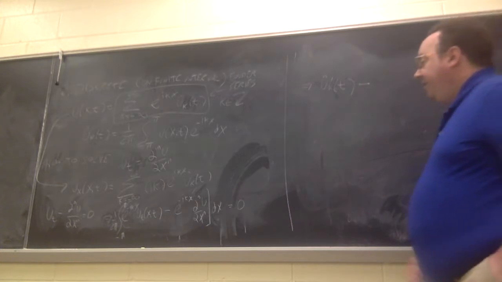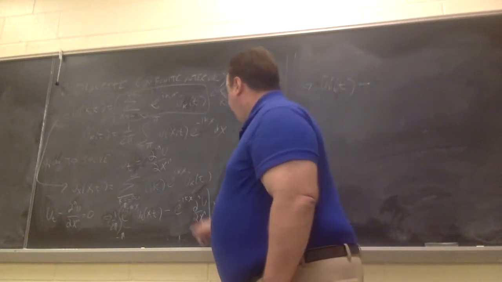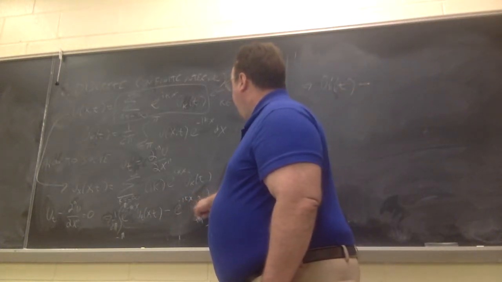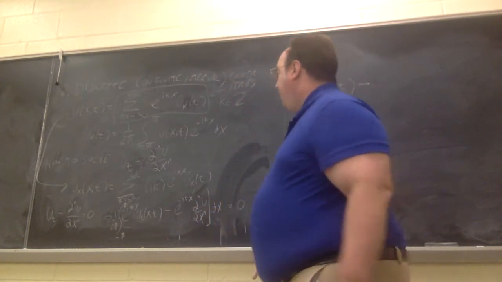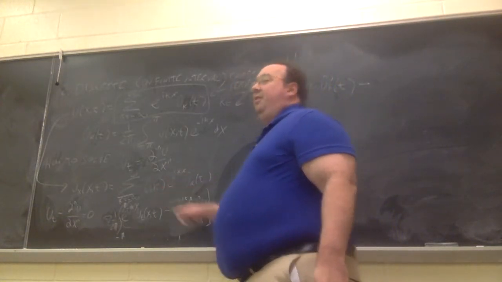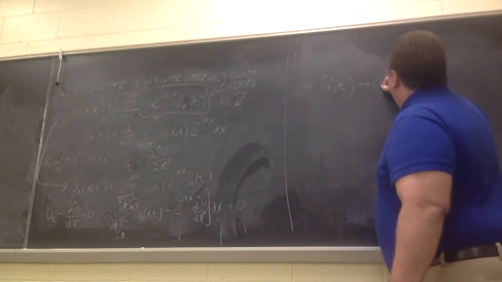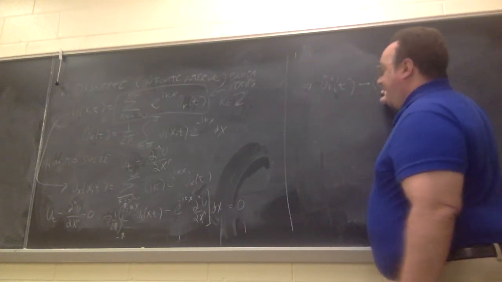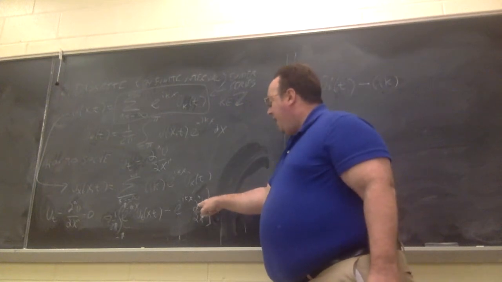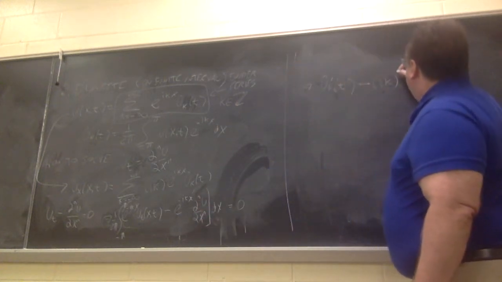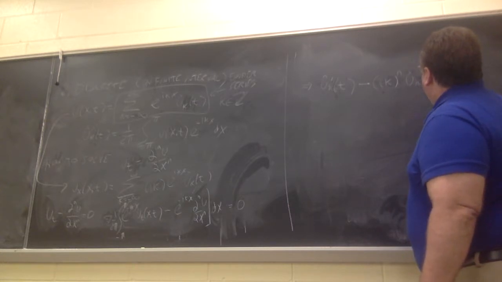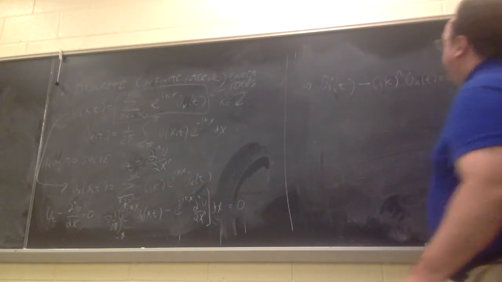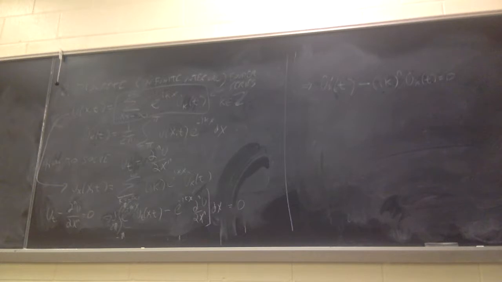And what is this? This is the Fourier transform of this partial derivative of u with respect to x. But we already know how that goes. We have a factor ik, but to the nth power because we're differentiating n times.